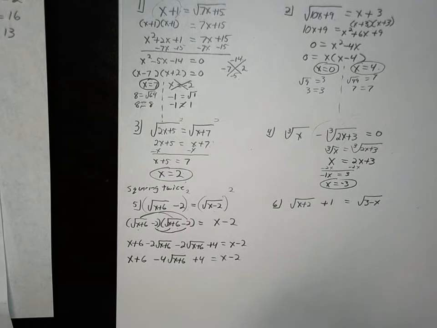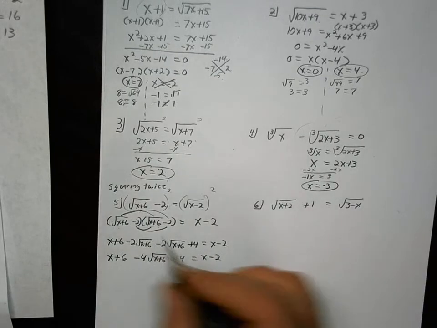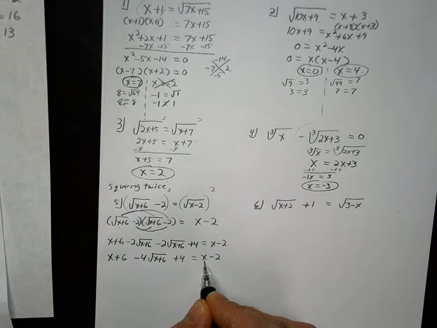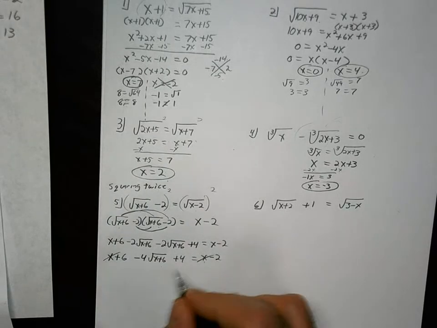minus 2. Okay, so now I still have this square root here. So now I'm going to isolate this square root on one side and get everything else to the other side. Okay, so let's see. Actually when I subtract x from this side, the x's are going to cancel. So I'm going to get 6 plus 4 is 10.